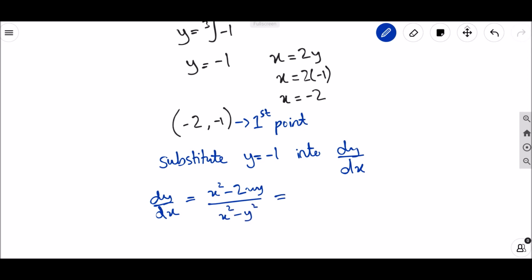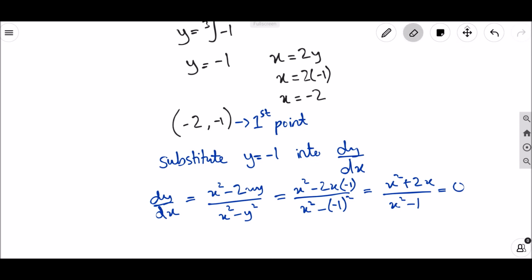So we will substitute y equals minus 1. So it will be x squared minus 2x times minus 1 over x squared minus 1. So this will become x squared plus 2x over x squared minus 1. And our dy over dx is equal to 0.